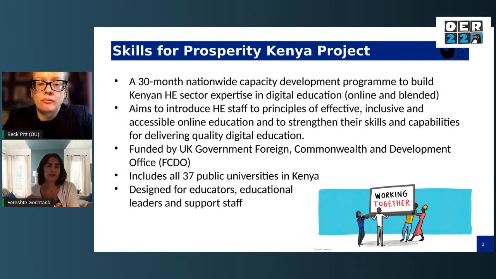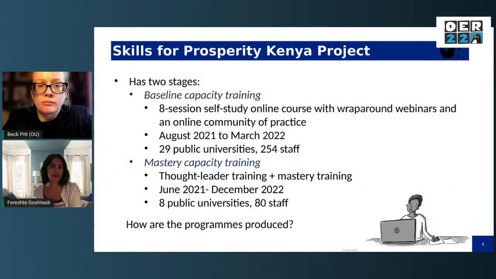So one of the differences that our project has with a lot of other similar capacity development projects is that we've got a wide audience, and it's not just educators. We also train support staff and educational leaders like deputy vice chancellors, deans, and heads of department.